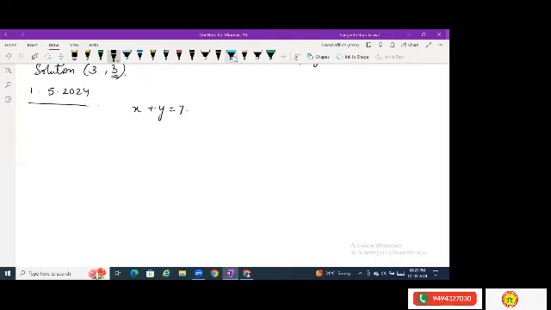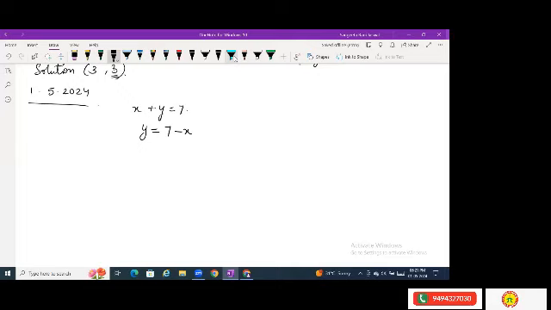Suppose I take one variable as the independent variable and another as the dependent one. Now, if I have to find the value of y, that means y will be 7 minus x. So in this case, I will put values for x. That means x is the independent variable.